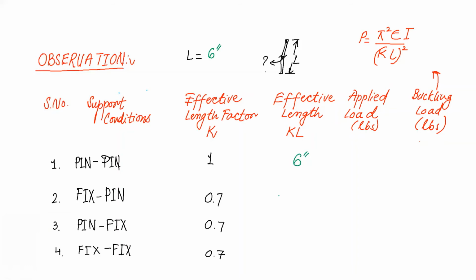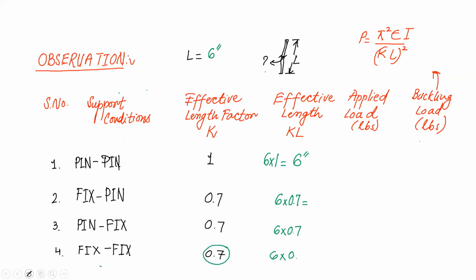Then 6 into 0.7, and here this is 6 into 1 inches. So this is KL, 6 inches into 0.7 again. No, it is 0.5, this is not 0.7.